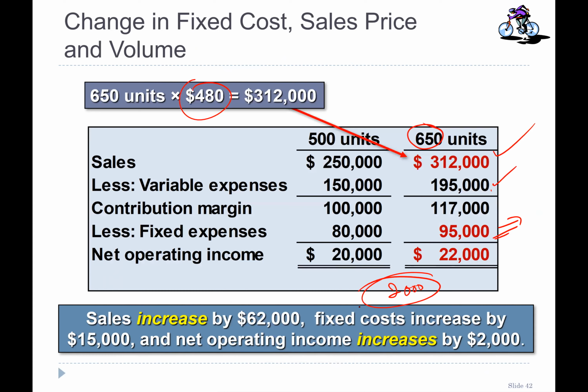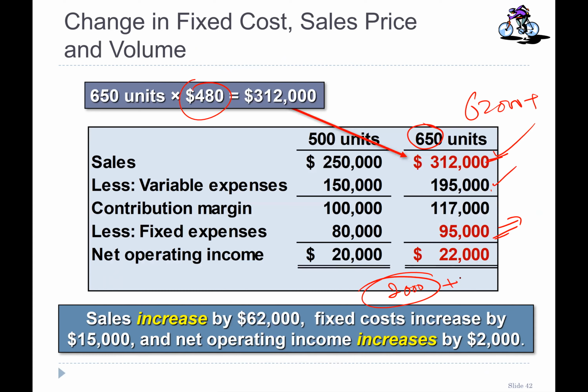Even though you managed to sell and your previous sales are considerably lower than your current sales, look at the volume here. More than $62,000. Yes, $62,000 increase in sales, leading you to just $2,000 profit.